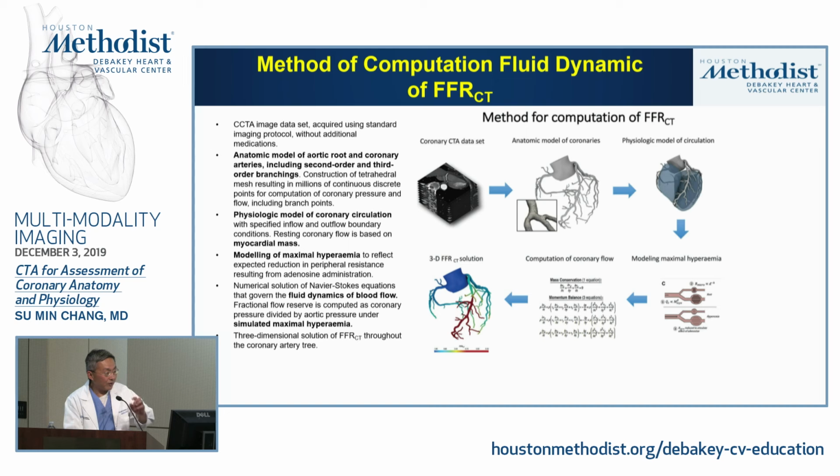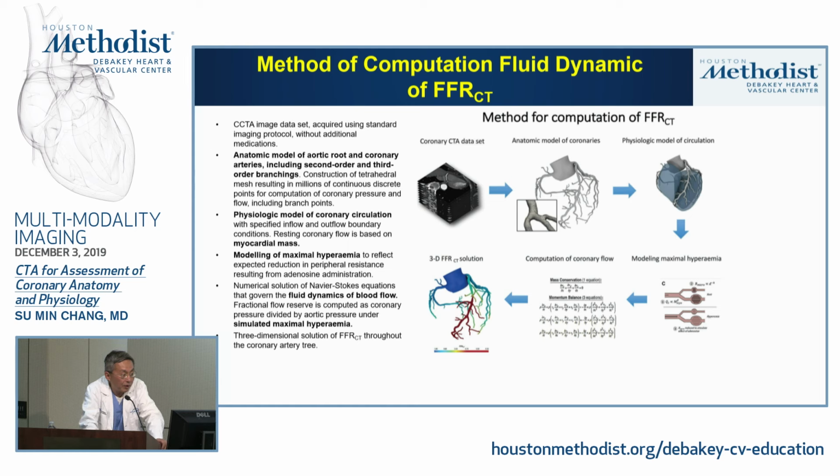Since CT gives you a very good anatomical description of the coronary artery tree, they basically construct a 3D model of the aortic root and the coronary arteries up to third order branching, usually 1.5 millimeter vessel. And then you construct a mesh with multiple points to compute the pressure and flow, including branch points, right?